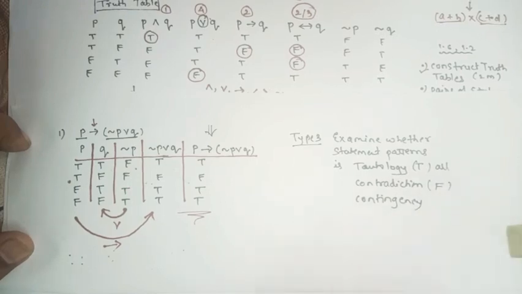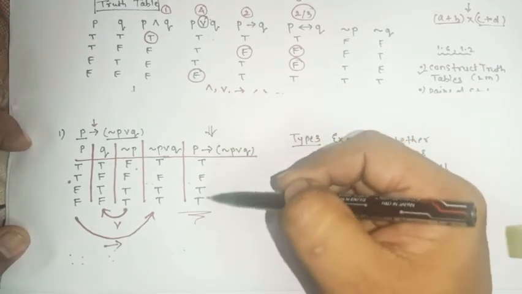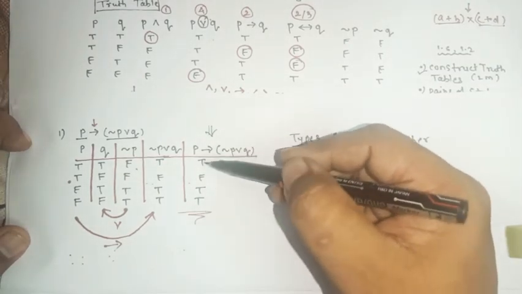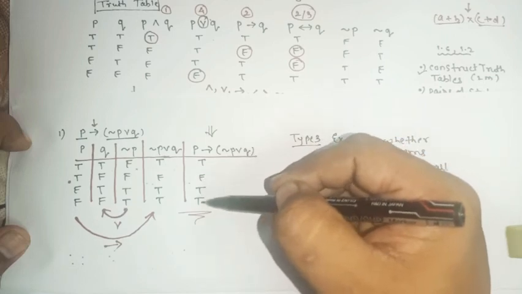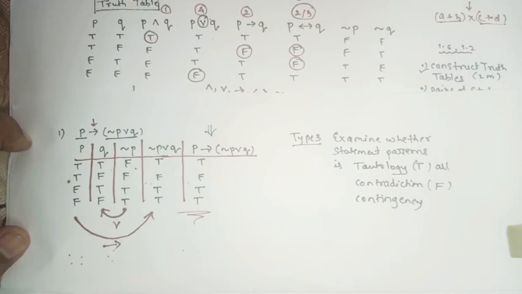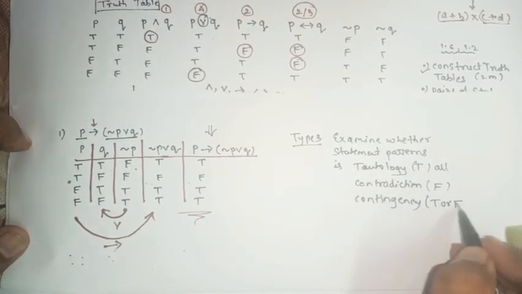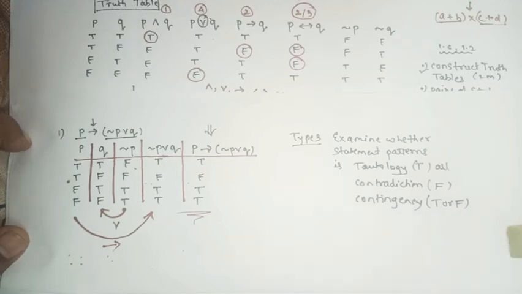Contradiction means what? False. If the truth values in the last column, each and every row, are false, it is known as contradiction. Contingency means true or false, both should be there.